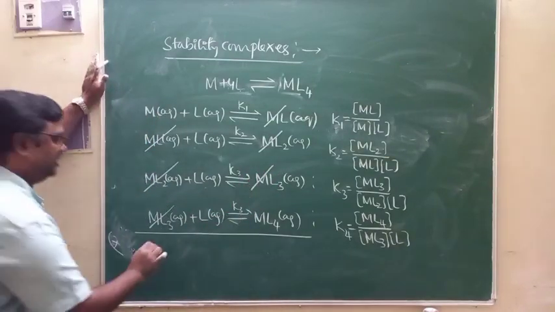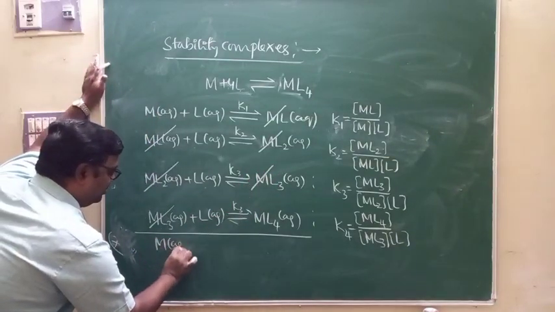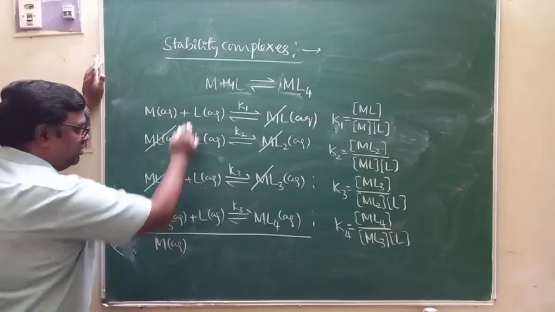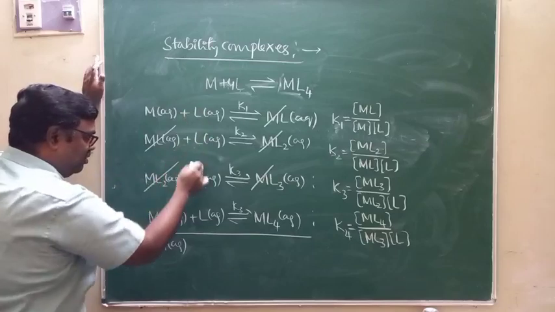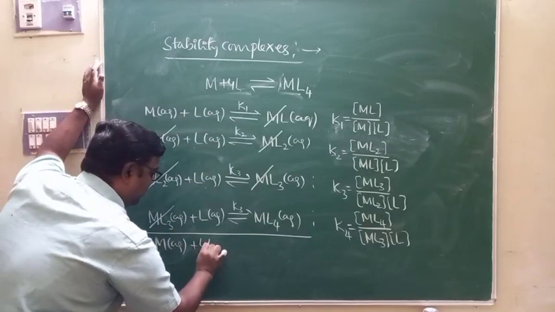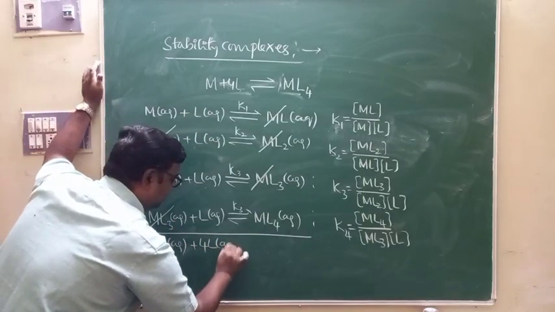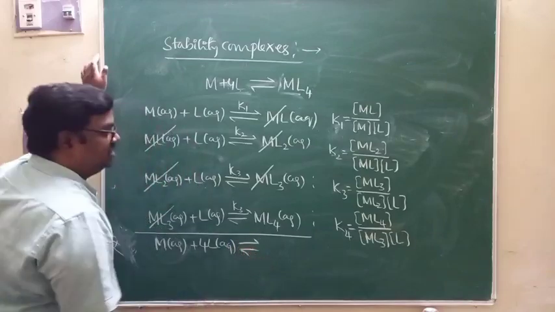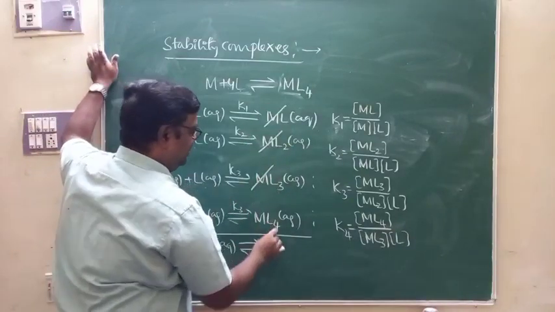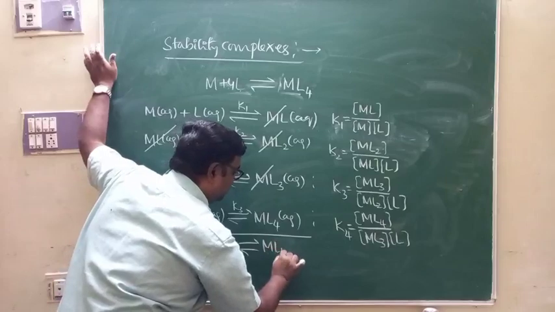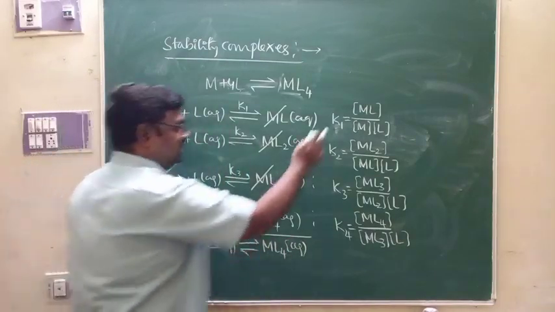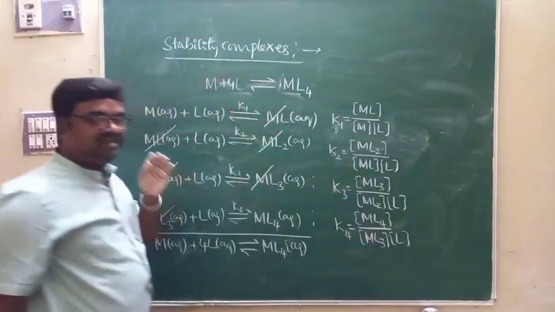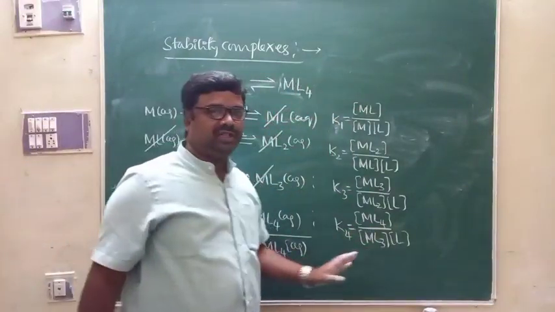What are you left with? In the reactants you are left with M, and another 4 moles of L, that is 4L. And the product side, you are left with only ML4. This is what we call the complex. And of course, these are the stepwise association constants.